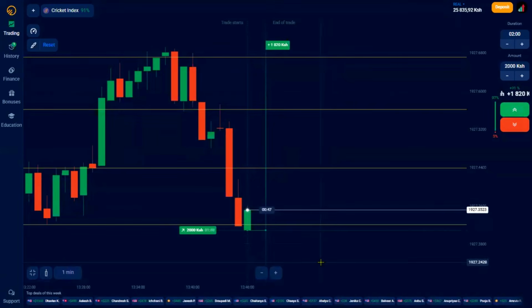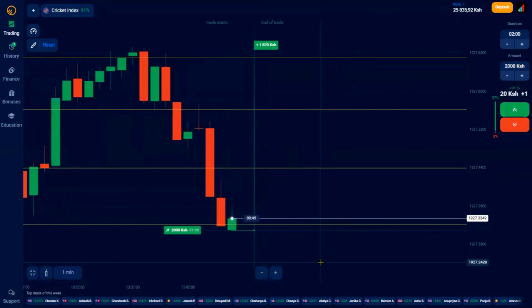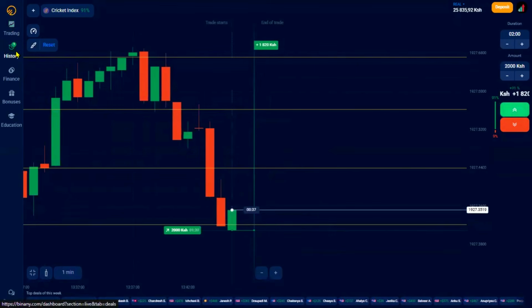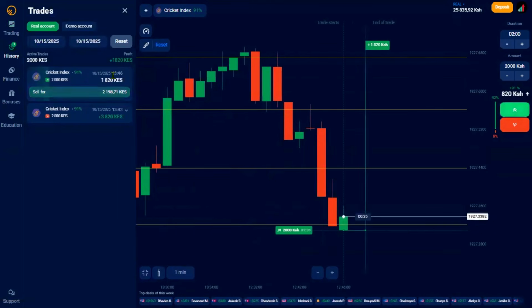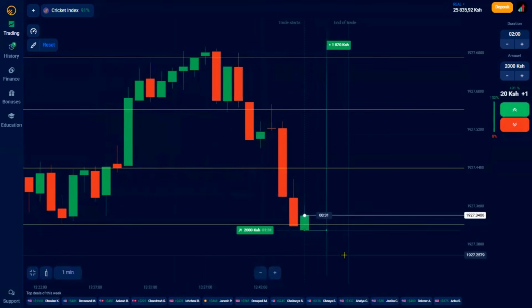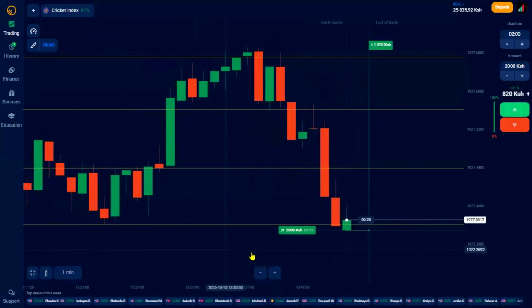So that is what I'm expecting here right now. So let's wait and see. So the first trade closed in profit. Now we are at the second trade. So I've placed an up trade for 2 minutes, expecting the price to reverse and go up because this is a zone.